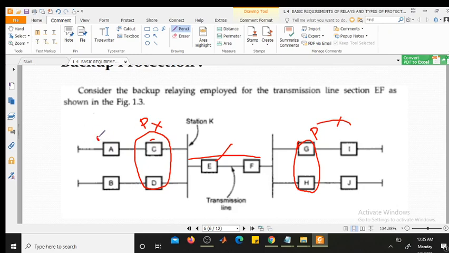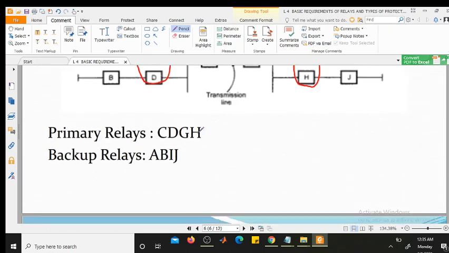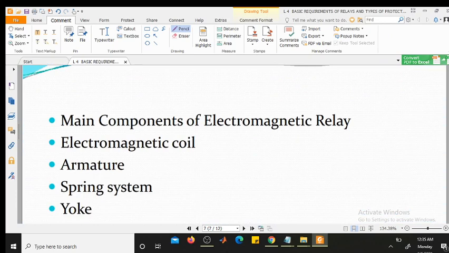So there is a backup protection scheme provided, that is AB and IJ. This is backup protection. Here it is mentioned as primary relays and backup relays, which protect our system from faults.